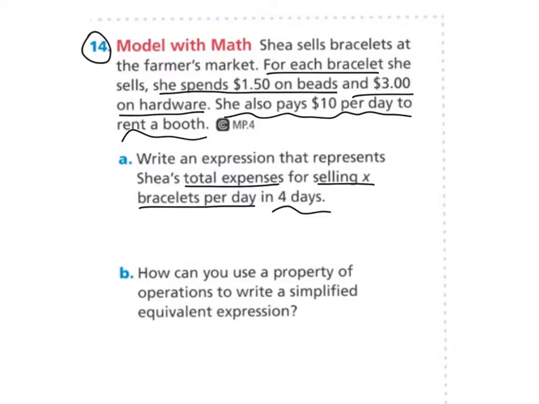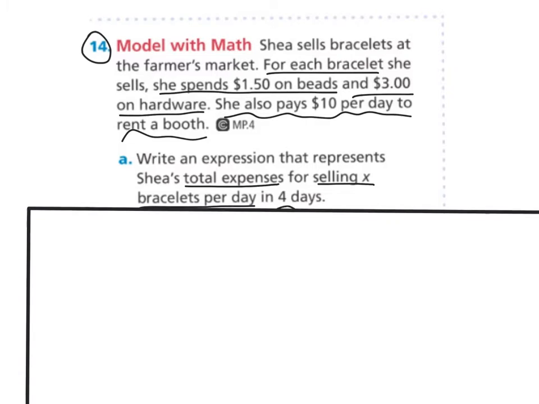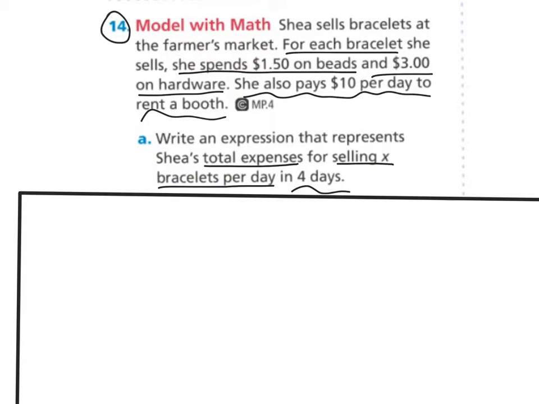So what we want to think about for this problem, different ways of doing it. One way, we could just individually look at our different parts. Like one of her costs would be for the beads. So we could just look at her cost for the beads.